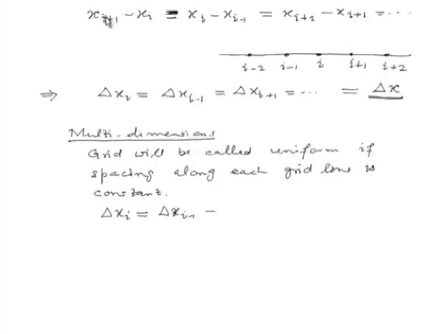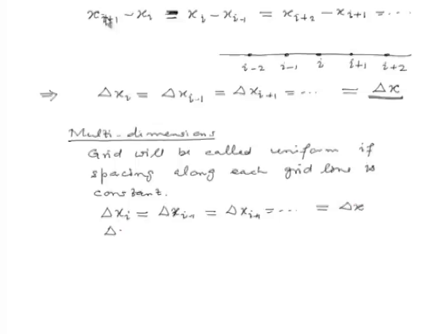lines. All that this definition requires is that our delta along each x line separately, that is delta x i is equal to delta x of i minus 1 is equal to delta x of i plus 1 and so on. This would be equal to delta x.